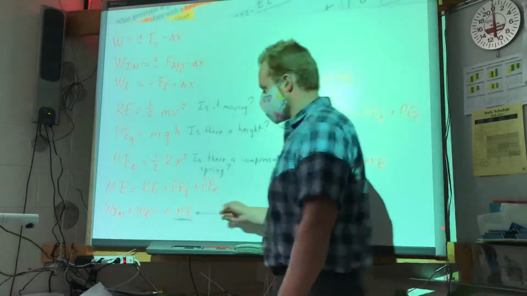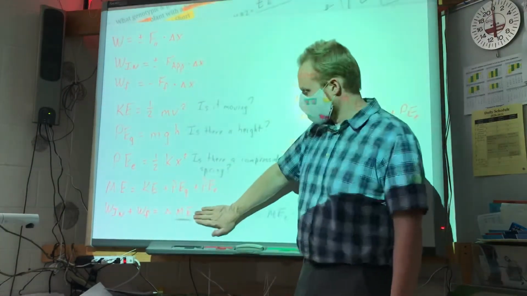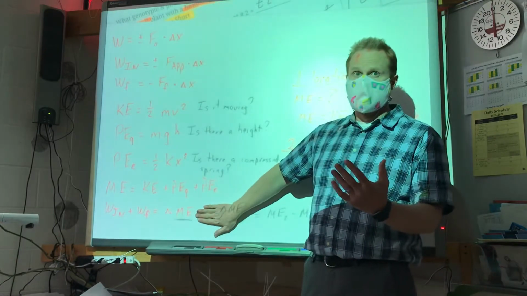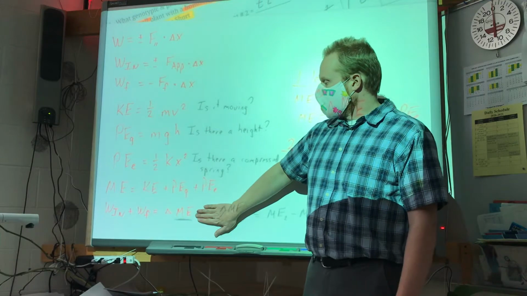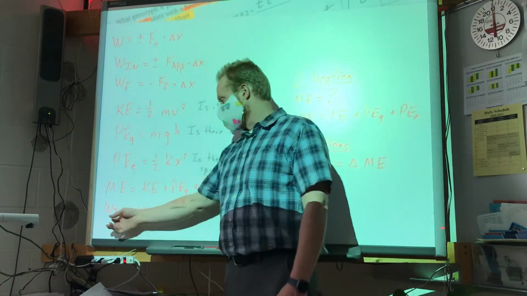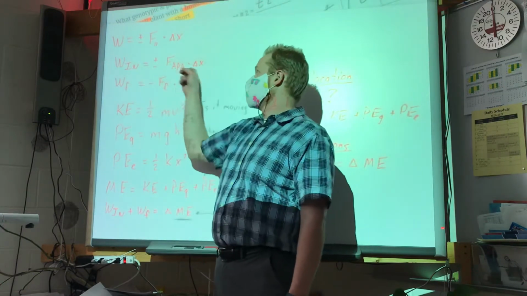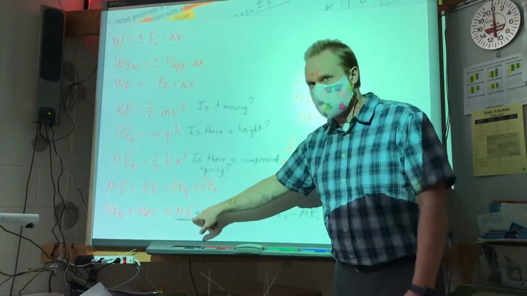This equation right here is the part in the red. The equation in red is the equation. And what this equation is, it's a combination of work in plus work done by friction is equal to our change in mechanical energy.